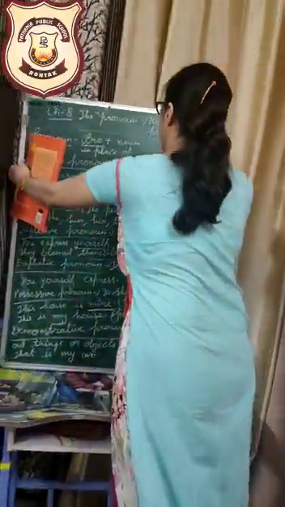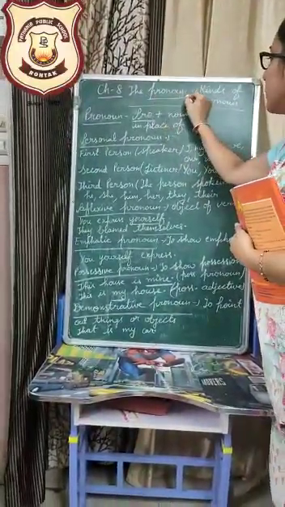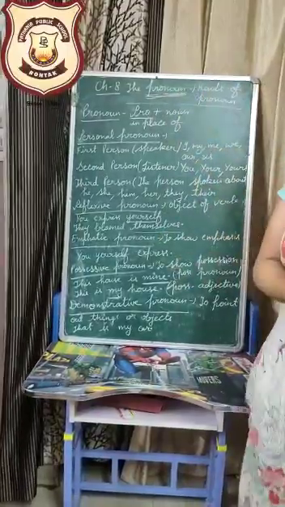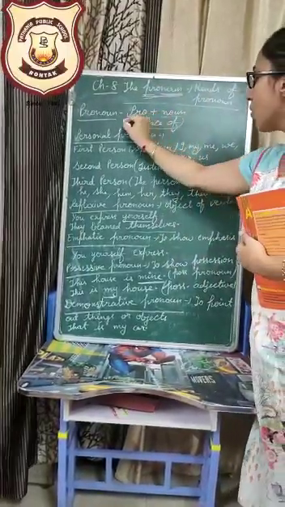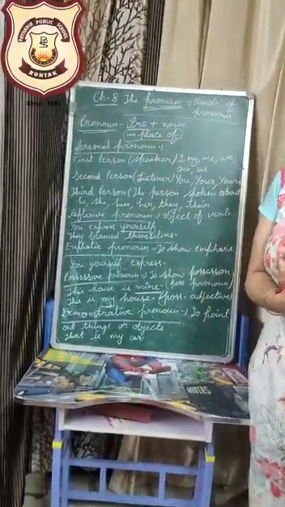Now we will start chapter number 8. It's pronoun and kinds of pronoun. See, firstly you should know what is pronoun. Pro plus noun. Pro means in place of noun we use pronoun. Clear?